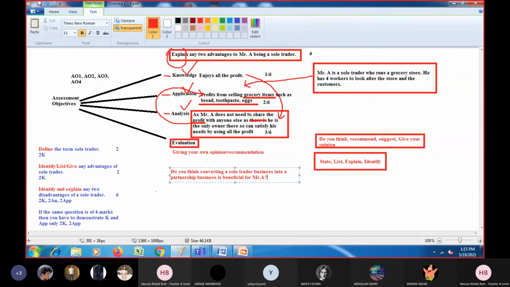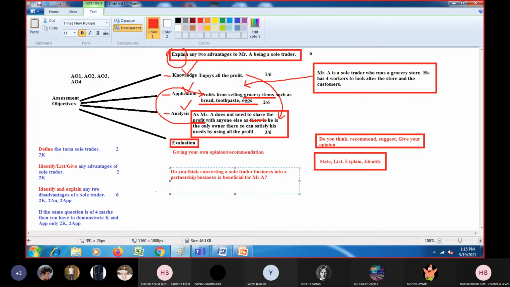In case you are not familiar with partnership, just let me know. Otherwise, I will start answering the question. So you are staying silent. It means that you know what a partnership is, where there are two or more owners, called partners, and they share the profit and the responsibilities, and they take the decisions together as well. Okay, you understand this.